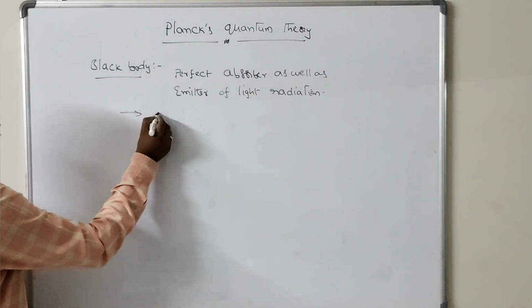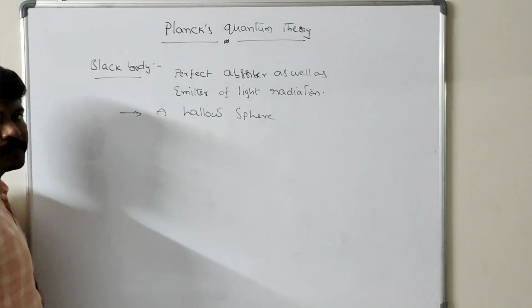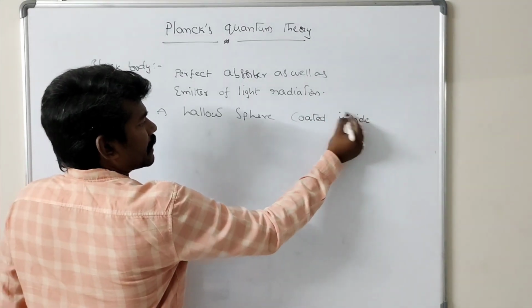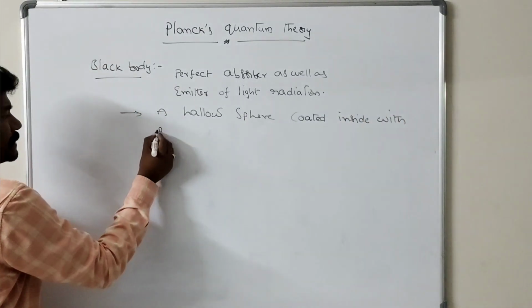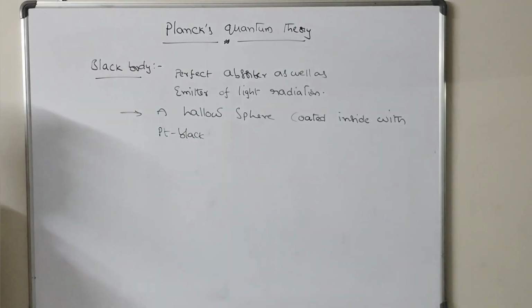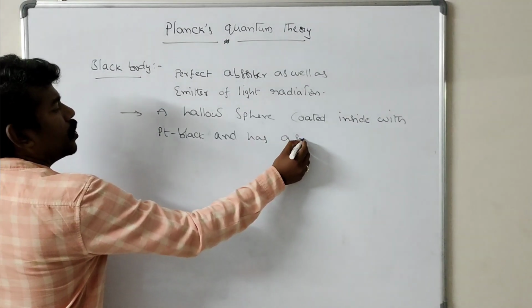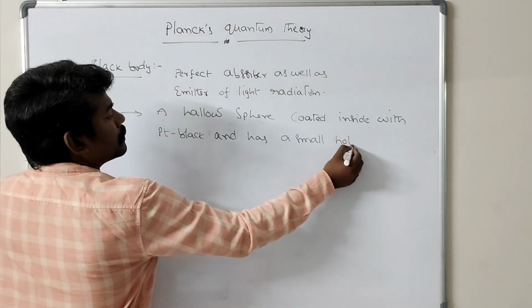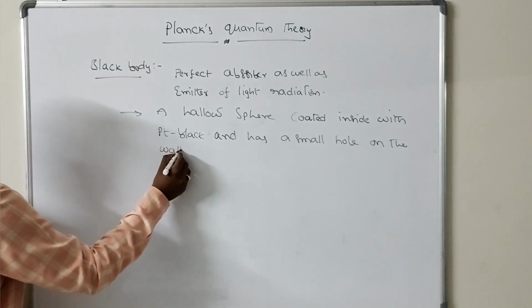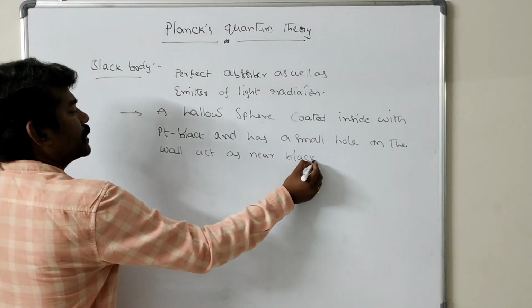So, it is nothing but a hollow sphere, coated inside with platinum black and has a small hole on the wall, which acts as a near black body.